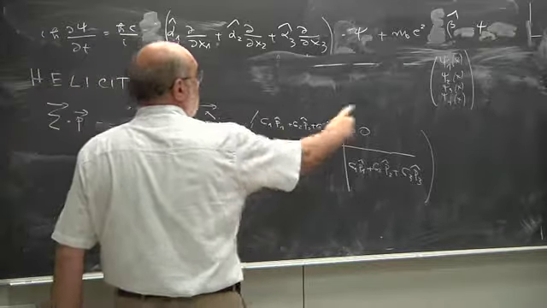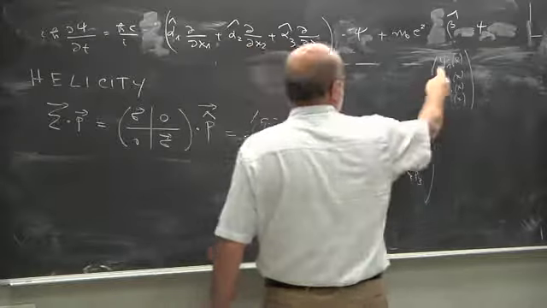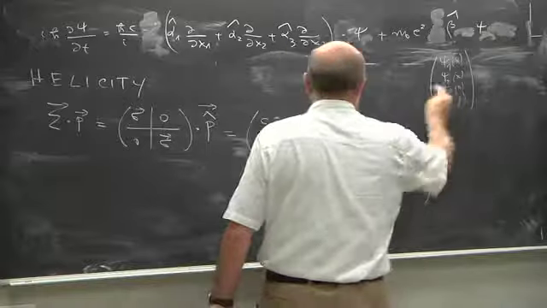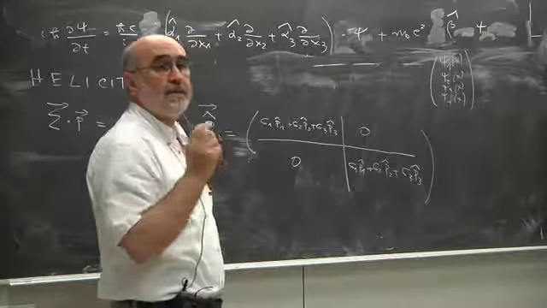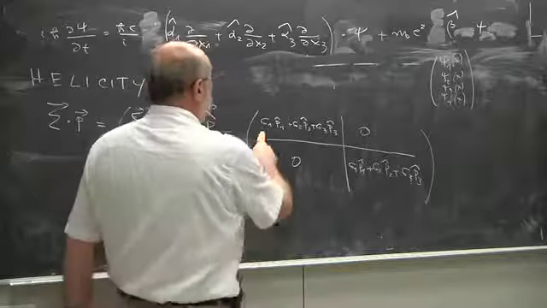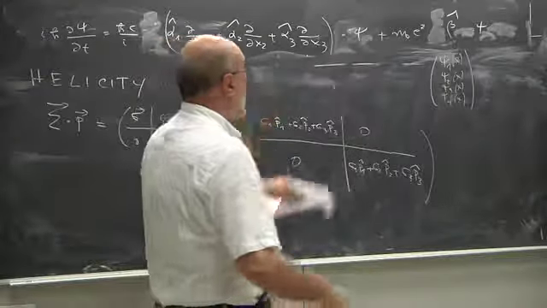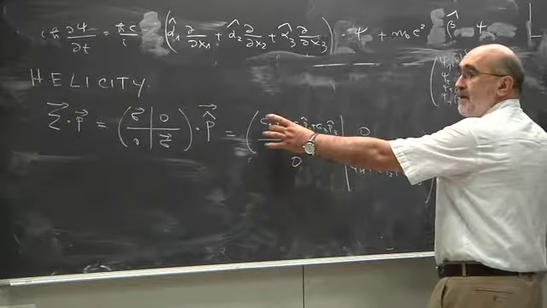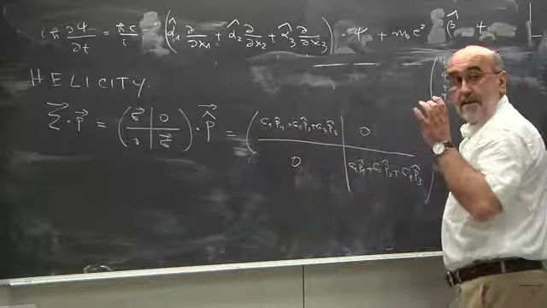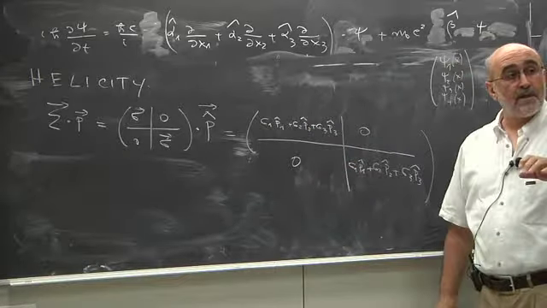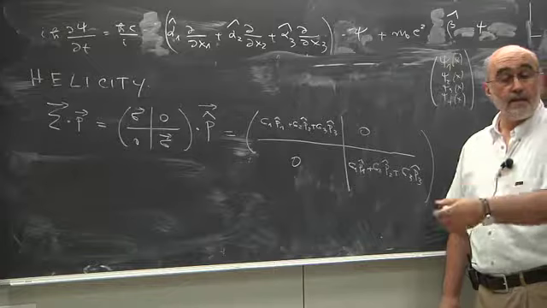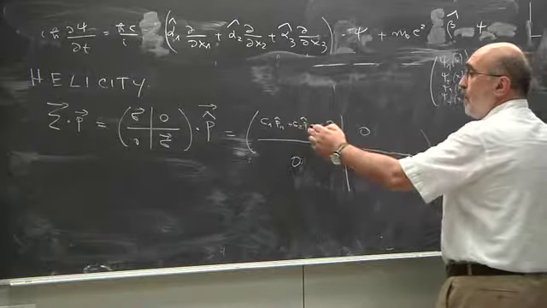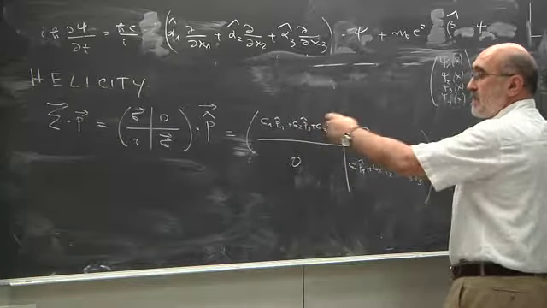P acts on the Hilbert space, on psi1, psi2, psi3, and psi4 in the same manner as the derivative with respect to x, right? And sigma 1, sigma 2 instead exchange one component with the other. So they act on different features of the wave function. This is a very important thing, because people write these down, and then when they have to do a calculation they don't know how to do it, because they don't know on which things these objects act.